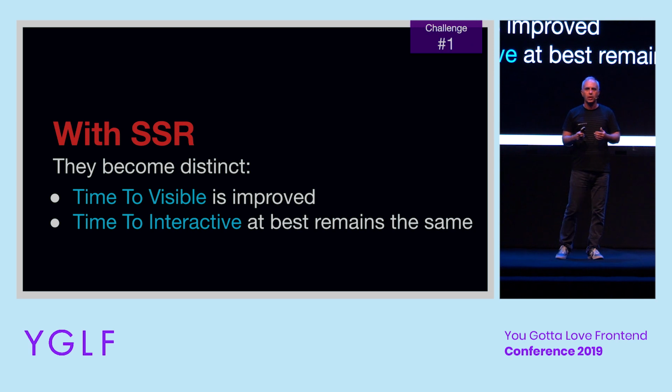In other words, what you get here is not so much a performance issue anymore. You could consider it to be a bug in the software. You have a user interface that the user is trying to interact with, and it doesn't actually work. Now, this is an inherent problem because it's just a fact of life. This is what SSR does. It improves visibility. It doesn't improve interactivity.